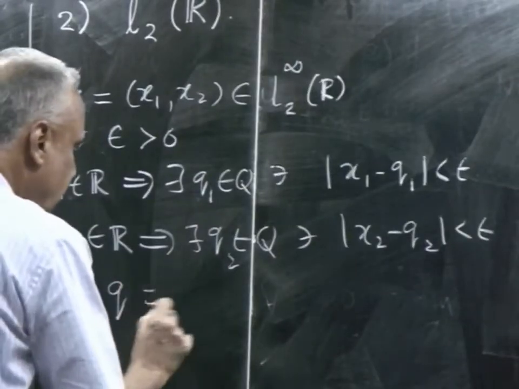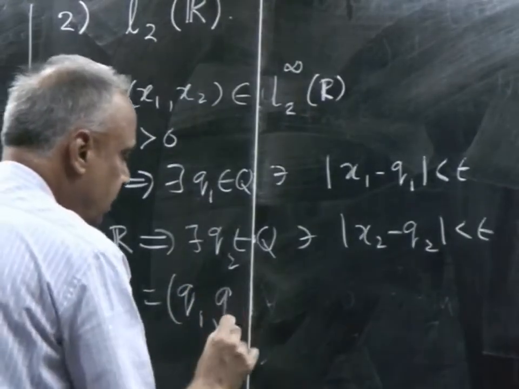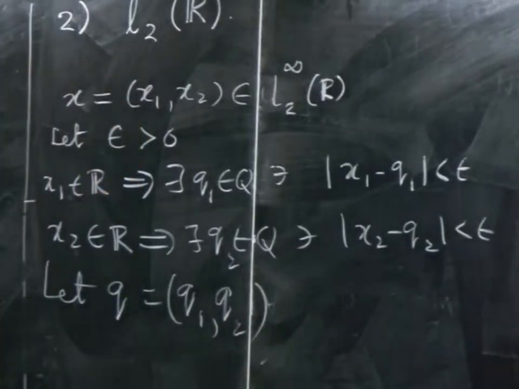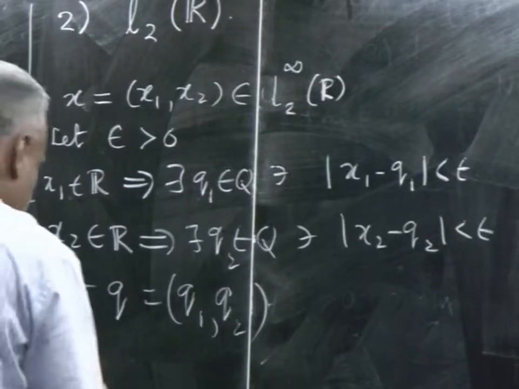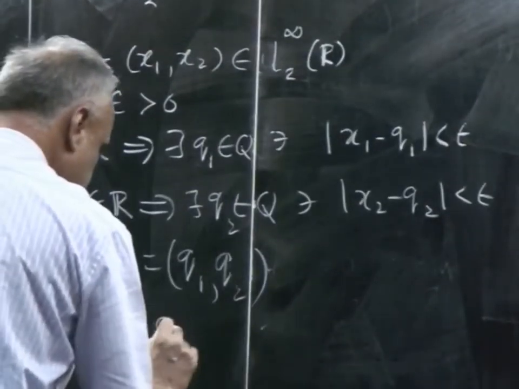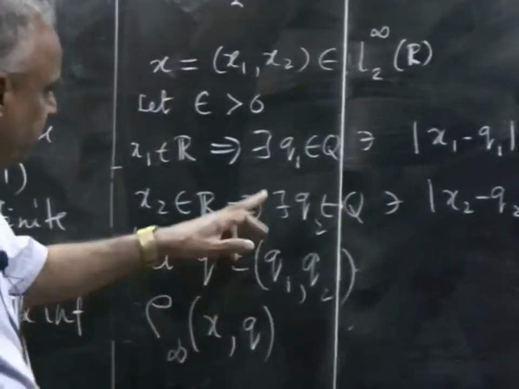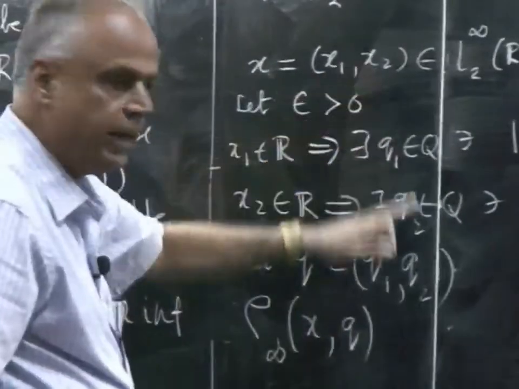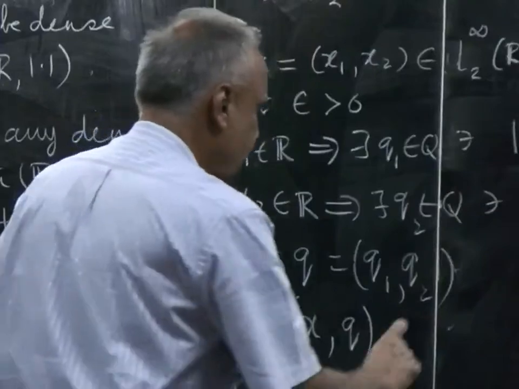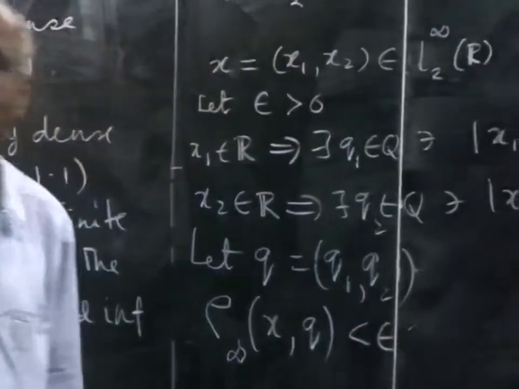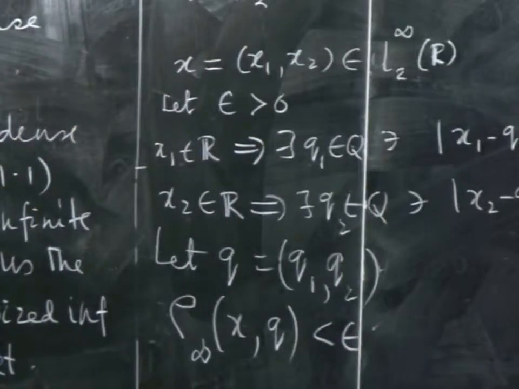Now we are going to construct the vector to be (q1, q2), and therefore what is the distance between x and q? The maximum of |x1 minus q1| and |x2 minus q2|, each one of them is less than epsilon, and therefore that will be less than epsilon.